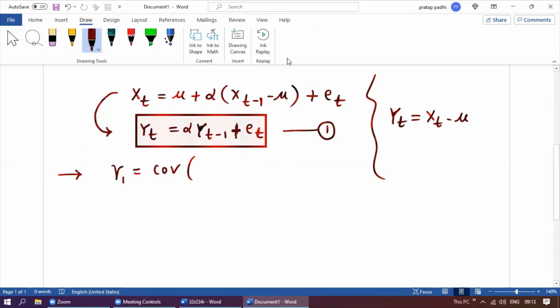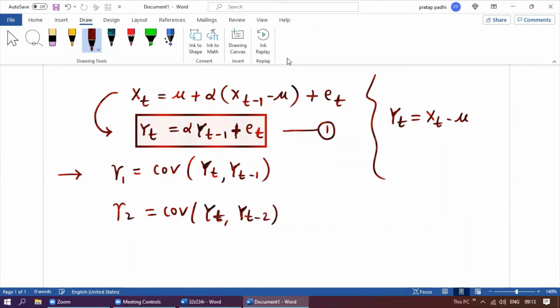We will not try to complicate it. Okay, so gamma 1 is covariance of yt, yt minus 1. We will write this way. And gamma 2 is covariance of yt, yt minus 2. You can write t plus 2 also here, because the difference is 2 anyway.